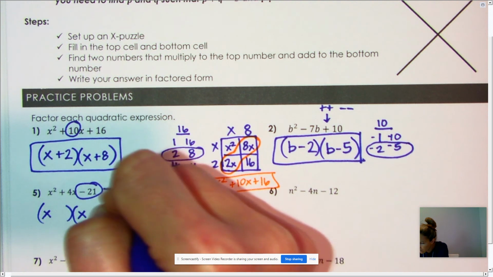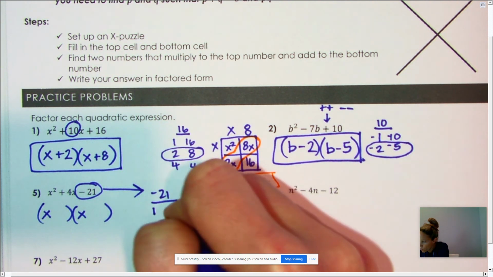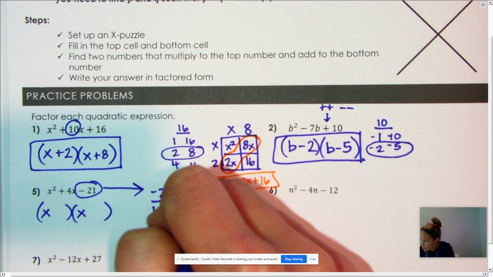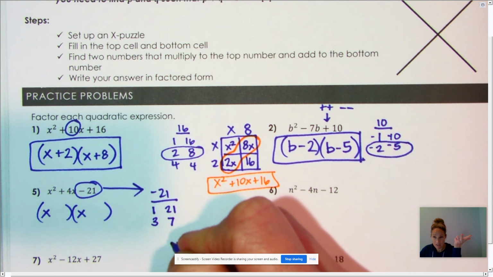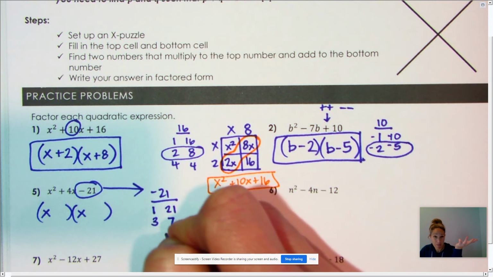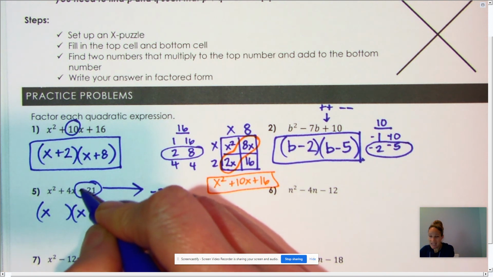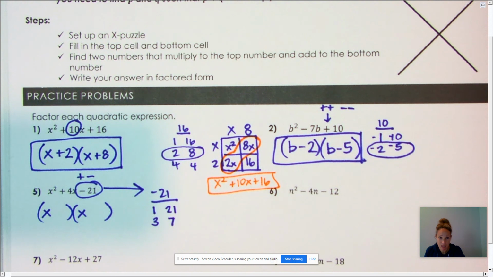So we're going to put this one at the top, so negative 21. And we're going to list everything that goes into it. 1 can go into it. Can 2? No, it's not even. 3 can go into it 7 times. 4 can't, 5 can't, 6 can't, 7 can, but it's already up there. Anytime we have to multiply to make a negative, I know that one has to be positive and one has to be negative.